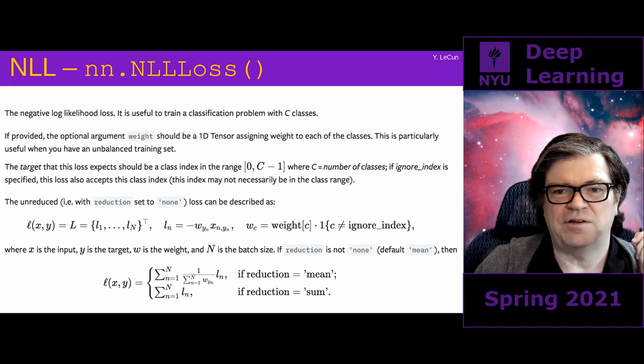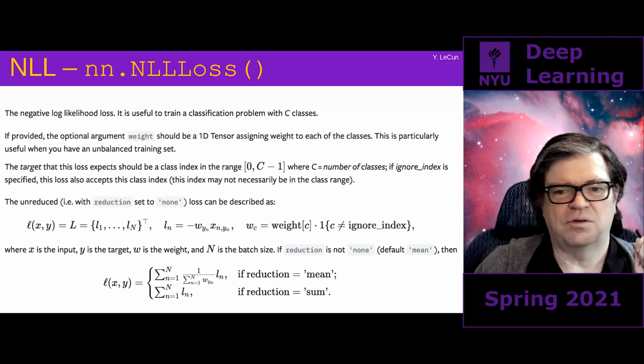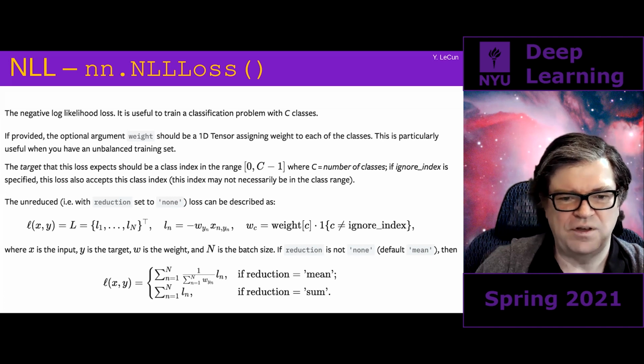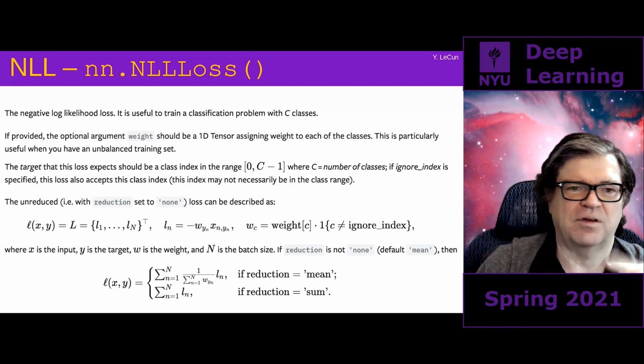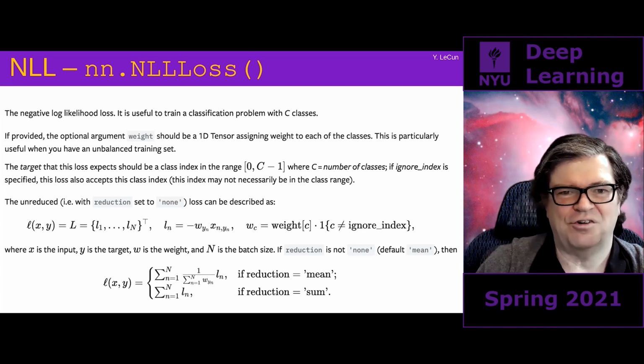We have a target category, which is this little c here, and we want to use this for classification. We want to make the output of the correct category as large as possible and the other ones as small as possible.